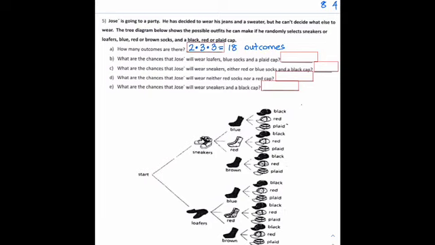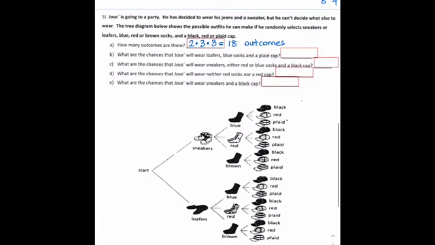I'm just going to go with 1 out of 2 for the sneakers. We have 2 options and sneakers is one of them. For the loafers, we have 1 out of 2 as well. So the probability of getting sneakers would be 1 out of 2, and the probability of getting loafers would be 1 out of 2.